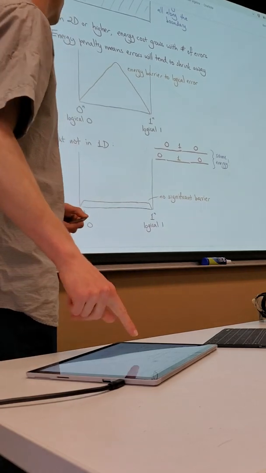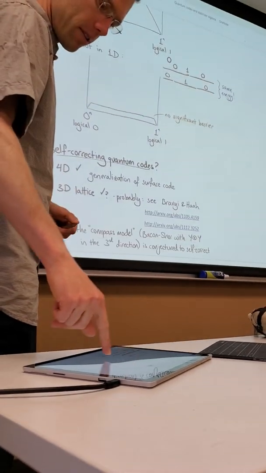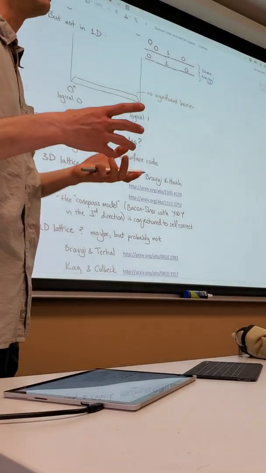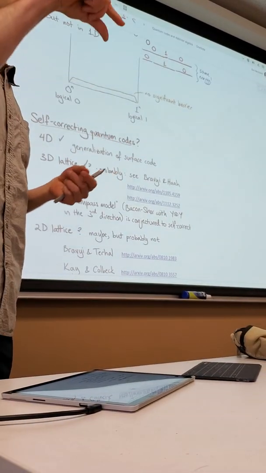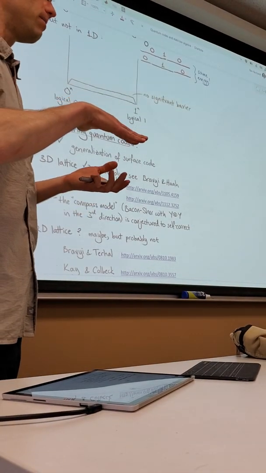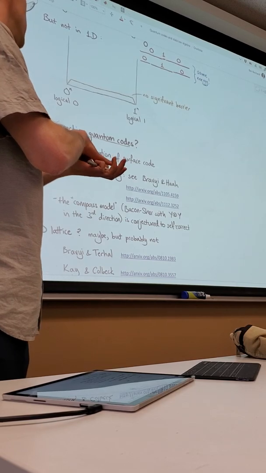Right, so the question is, can you come up with some quantum analog to a ferromagnet that stores 1 qubit with a local Hamiltonian, like 2-qubit terms?